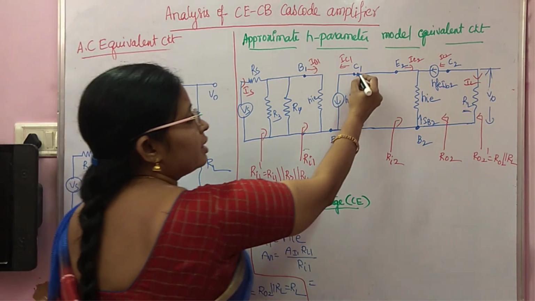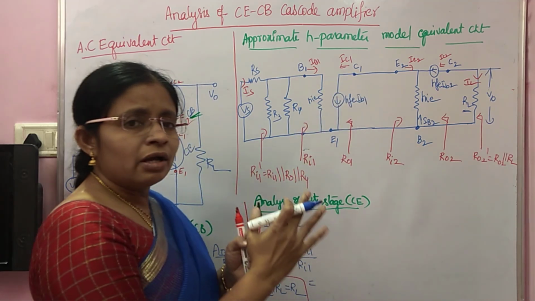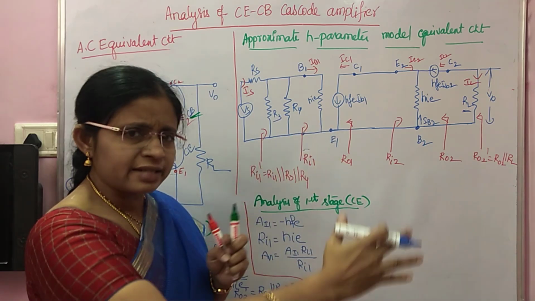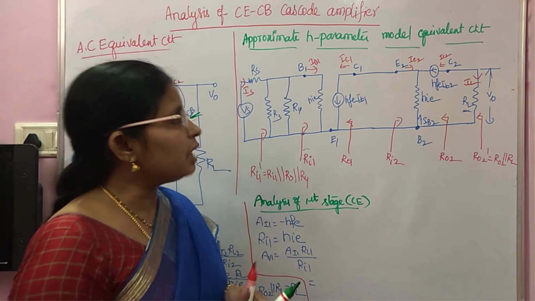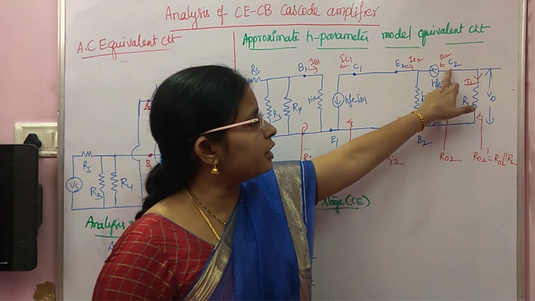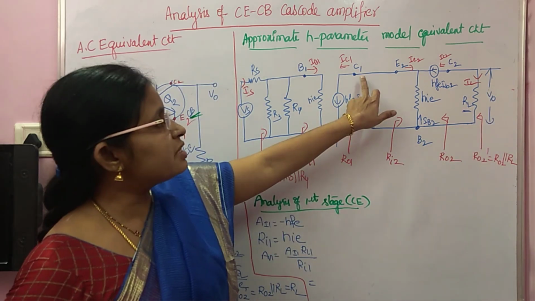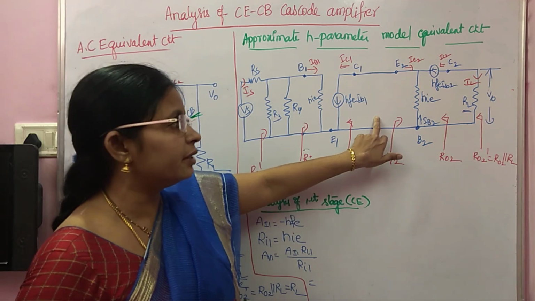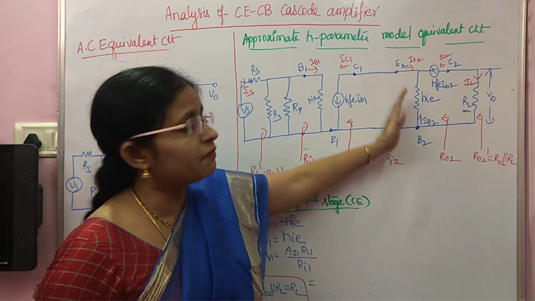How to find RL1? The resistor which is connected to the output terminal of the first stage or second stage is considered to be the load resistance for that stage. For the second stage, as RL is connected to the output terminal C2, this is considered as load resistor RL. But C1 is not connected to any external load. So what is the load for the first stage?